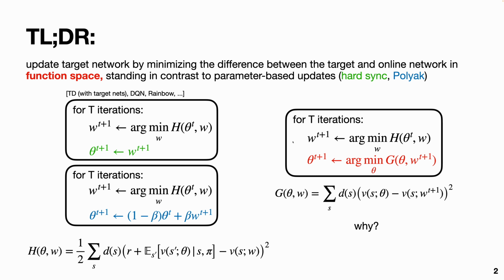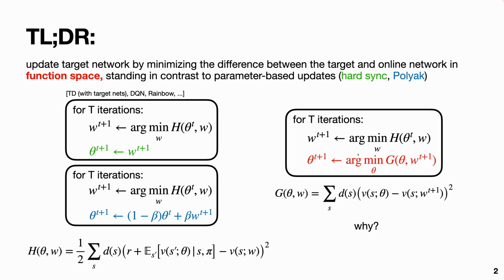Now, what we are going to propose in this paper is that instead of doing this, we are going to update the target network based on some discrepancy between the values of the online network and the target network. So rather than updating the target network in the parameter space, we are going to take a look at the difference between the two networks in the function space and update the target network accordingly.